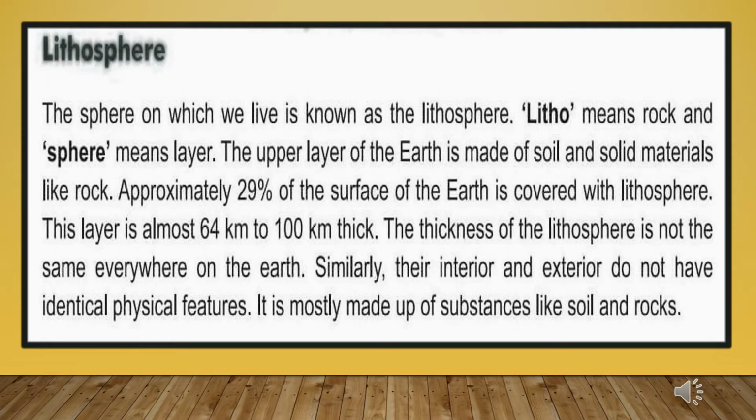This layer is called the upper part of the upper mantle and varies in depth from about 64 to 100 kilometers below Earth's surface. The combination of the crust and this upper part of the upper mantle, which are both comprised of relatively cool and rigid rock material, is called the lithosphere.